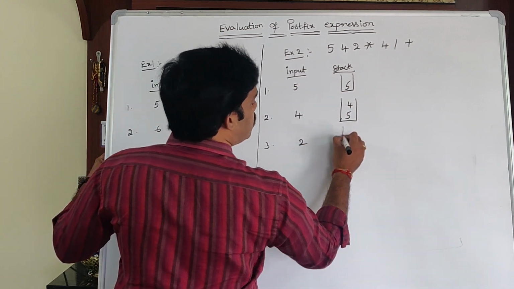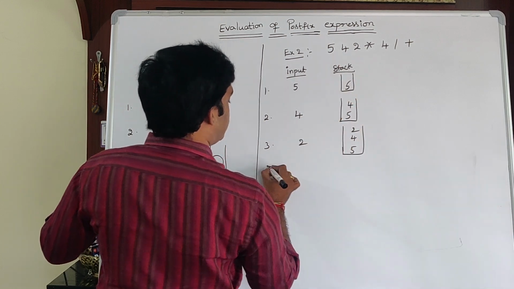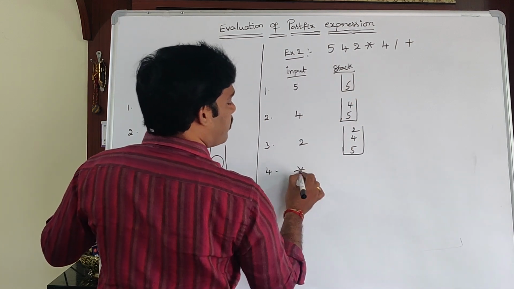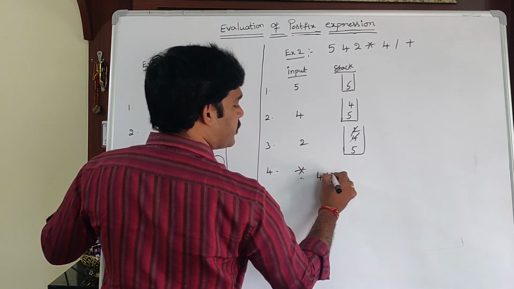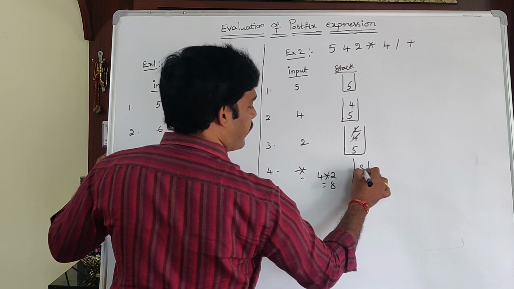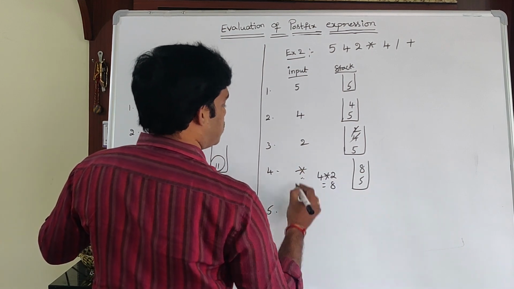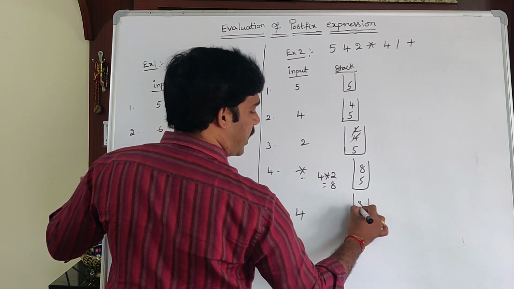Third one is 2. 2 is also an operand, so push into the stack. Next one is star. Star means operator, then pop the topmost two elements. 4 into 2, that is 8. Push this result 8 into the stack. 5, 8. Next, 4. 4 is an operand. Push into the stack.